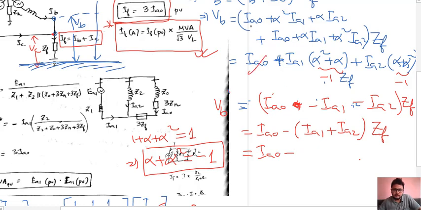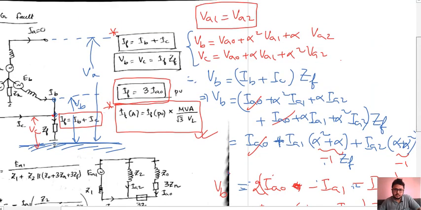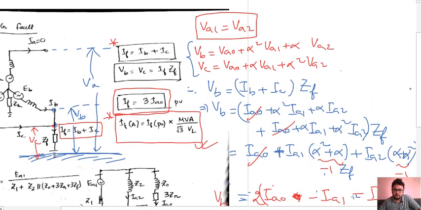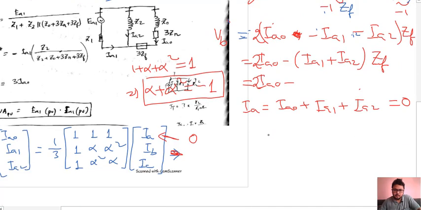This is 1 Ia naught, this is 1 Ia naught, so it is 2 Ia naught. So 2 into Ia naught minus, Ia we can split into Ia naught plus Ia1 plus Ia2, which is equal to 0, because Ia current is 0. So from here Ia1 plus Ia2 equal to minus Ia naught.